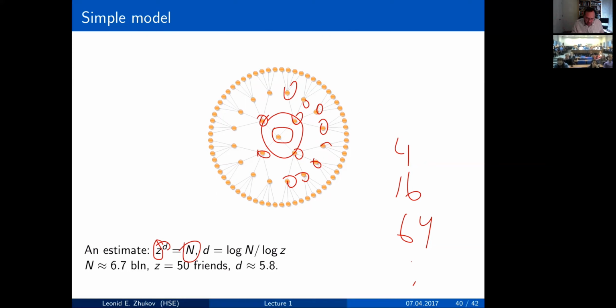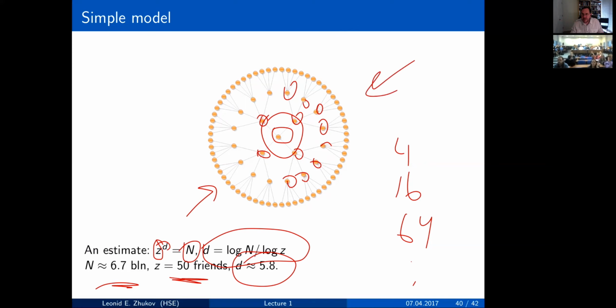That formula describes this picture. Then you can easily calculate D as the logarithm of n divided by the logarithm of Z. So if n is the population of the world, which is 6.7 billion, and let's say on average you have 50 friends, then D is going to be 5.8. So if the world was organized exactly like this, it's a trivial answer that in 5.8, or about 6 steps, you know everybody.